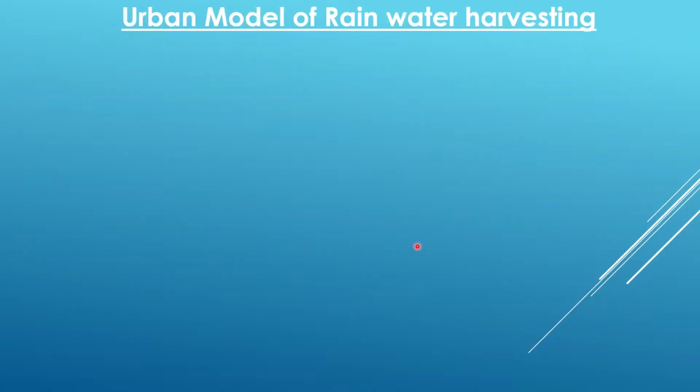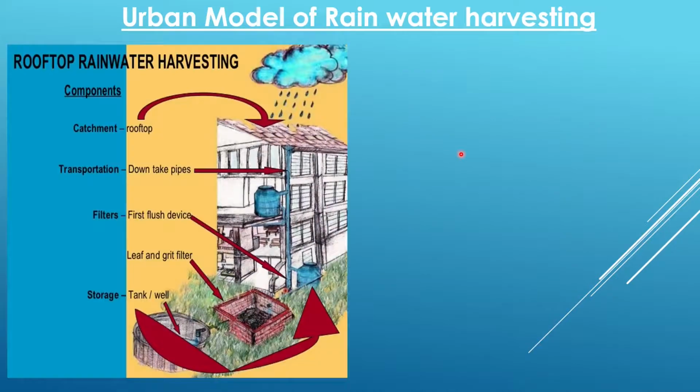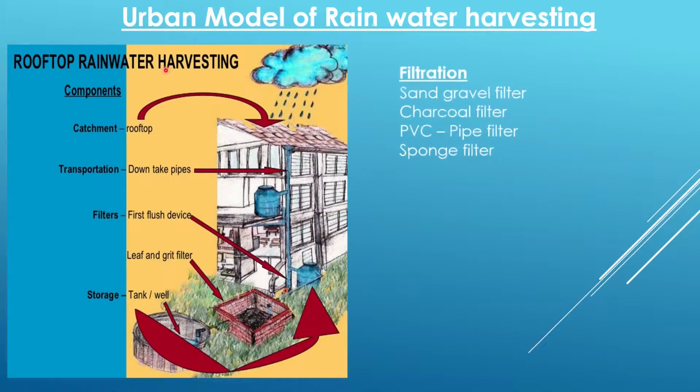Urban model of rainwater harvesting: rooftop rainwater harvesting. Here the components are the catchment area, as I showed earlier, then transportation downwards through the pipes, then filters and the first flush device, that is filtering in this area in the lower region.